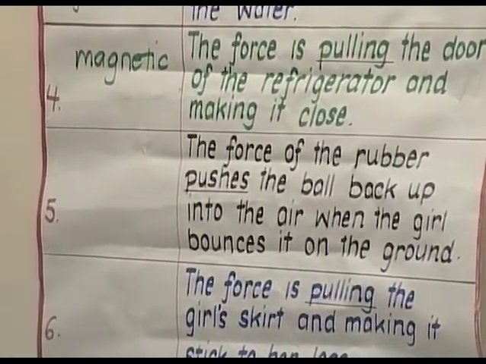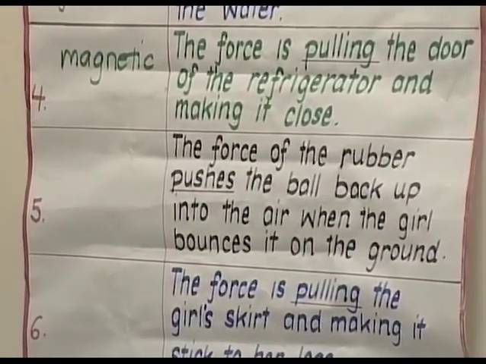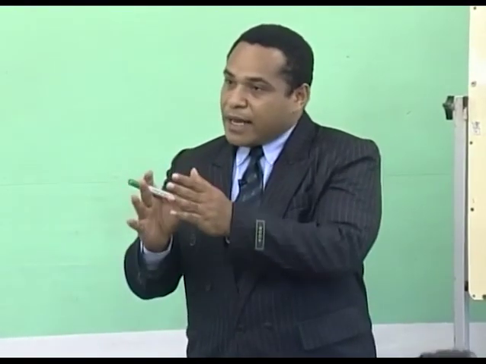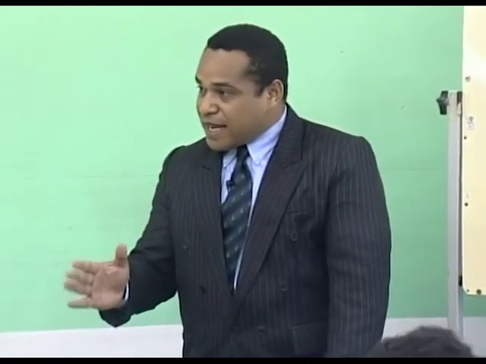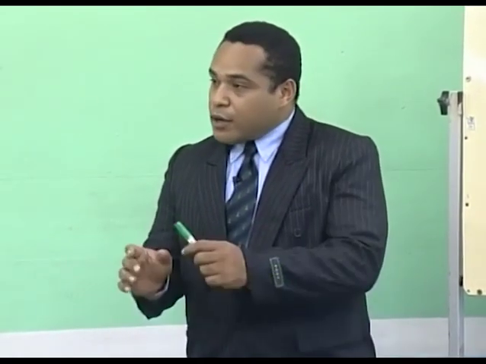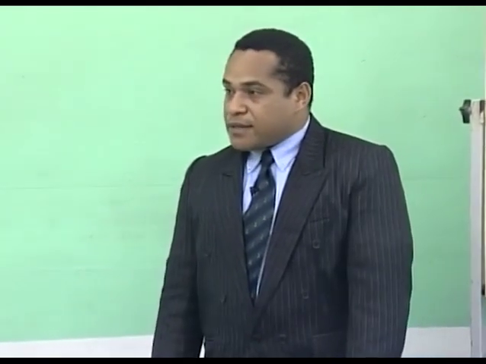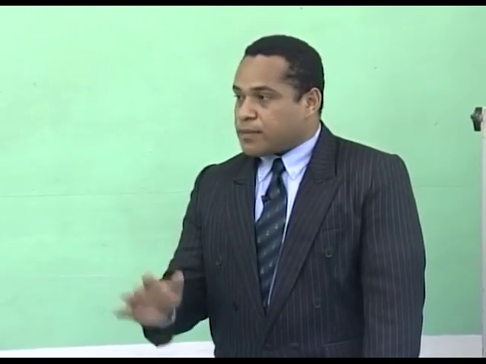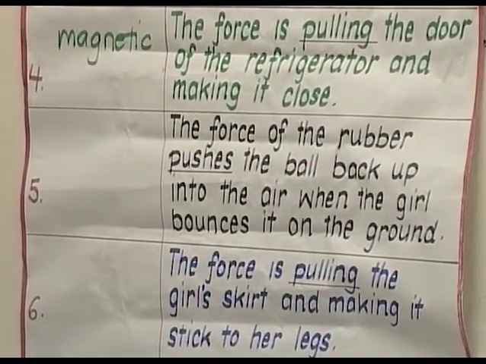When you go back home and open the refrigerator, you will see a black rubber on the side of the door. In those black rubbers, there are magnets. So when you close the door, it is tightly closed. That's why we say magnetic force has been used there.